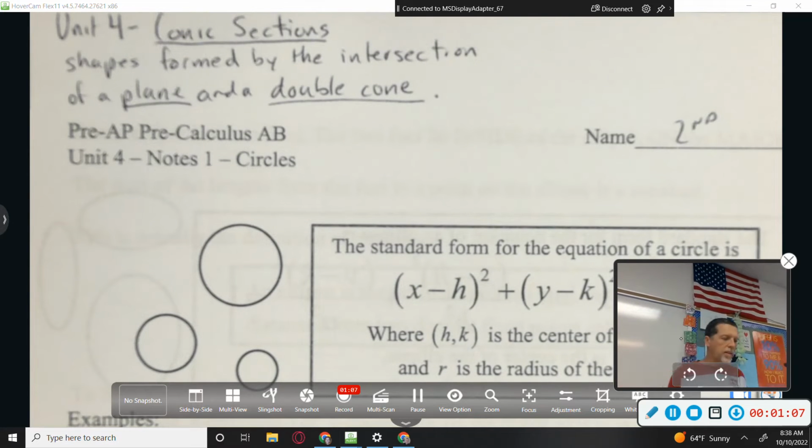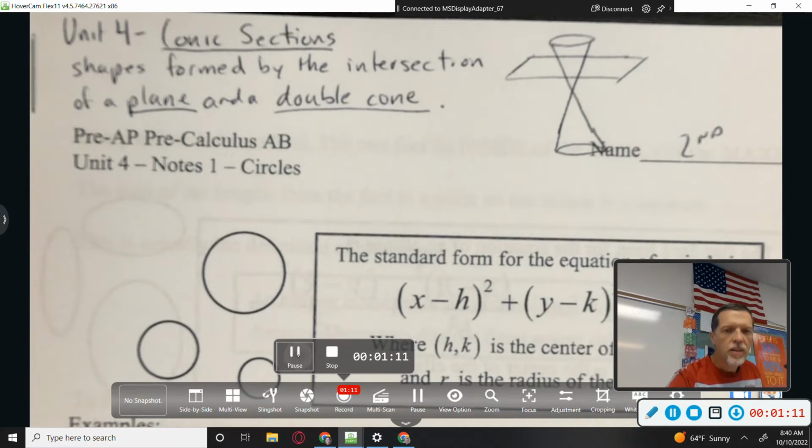Shapes formed by the intersection of a plane with a double cone.